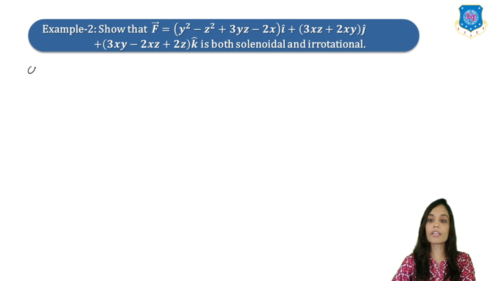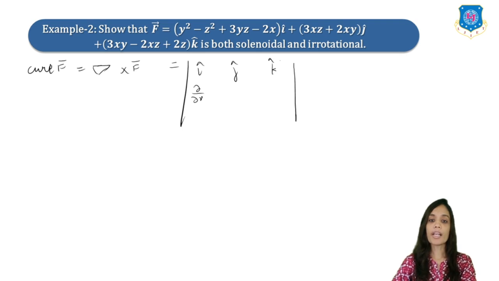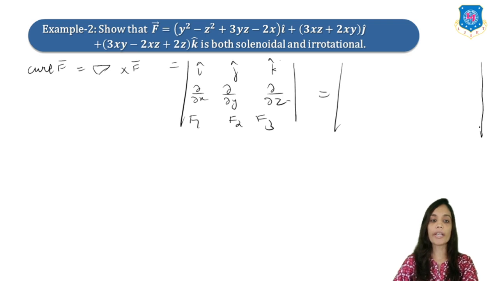Okay, now let us check whether it is irrotational or not. So we will find curl of f bar, that is del cross f bar. So the formula is i cap, j cap, k cap, del by del x, del by del y, del by del z, f1, f2 and f3. So put the values of f1, f2 and f3.